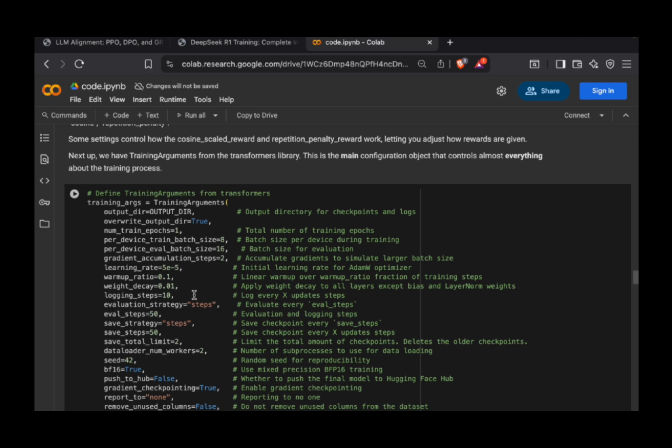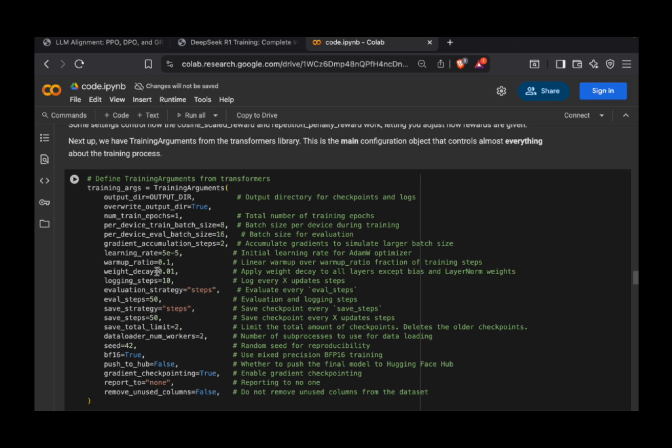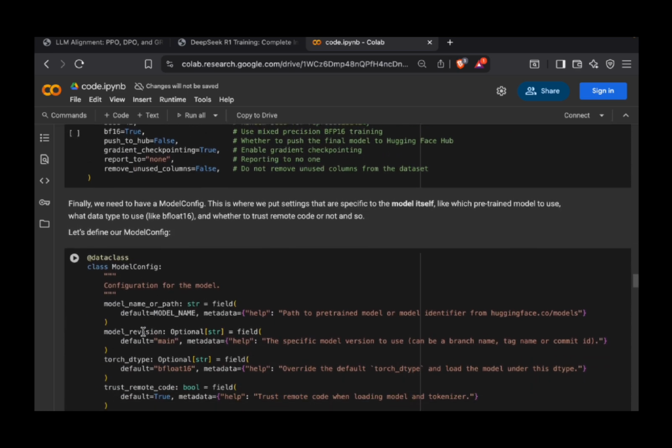number of training epochs, number of batch size per device, the weight decay, warm-up ratio, and so on and so forth.